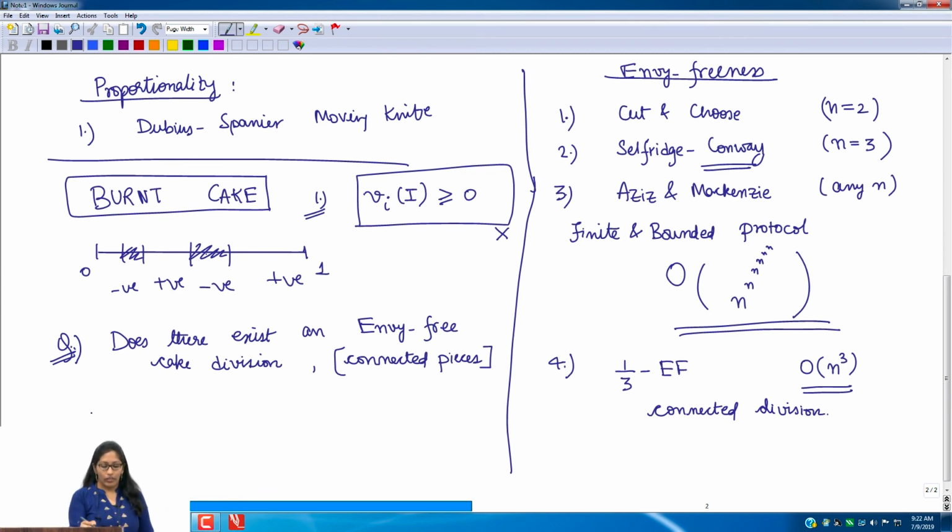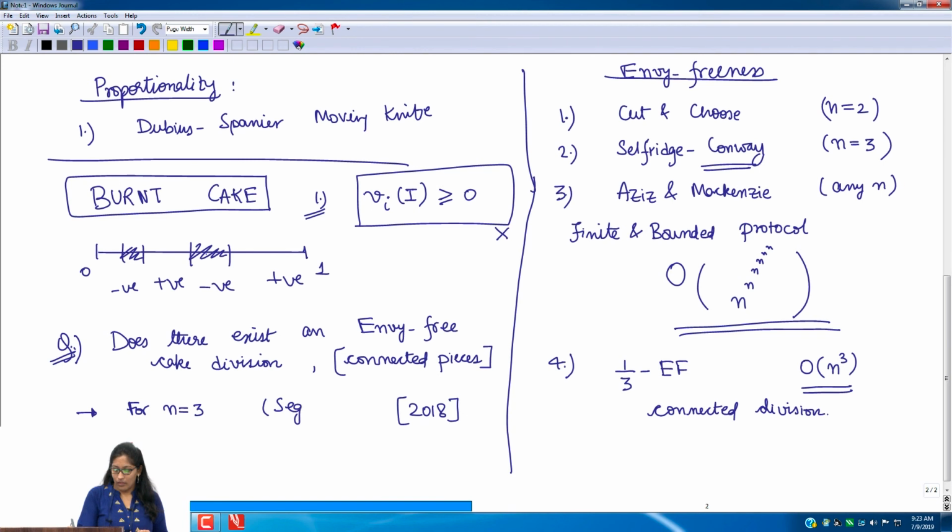So in this particular case, it's an open area of research, and it's a very recent result from last year. It's shown that this becomes a little tricky, and we don't even know the existence for all n.